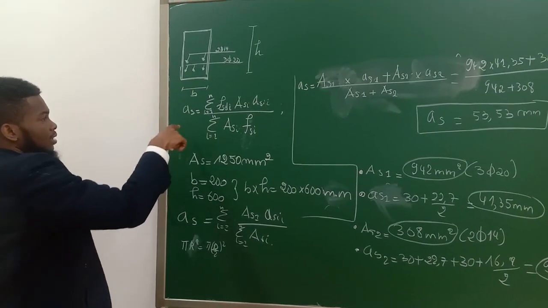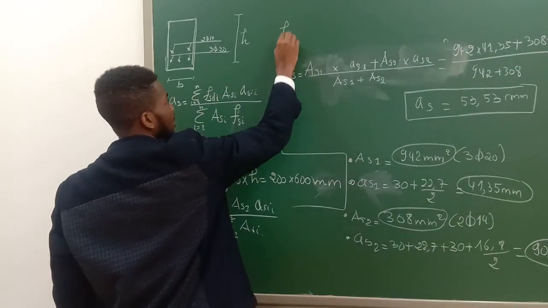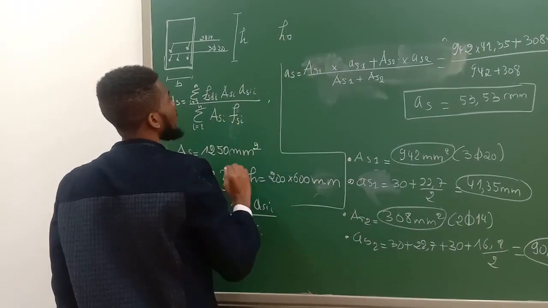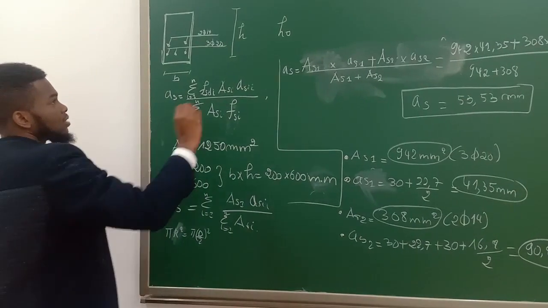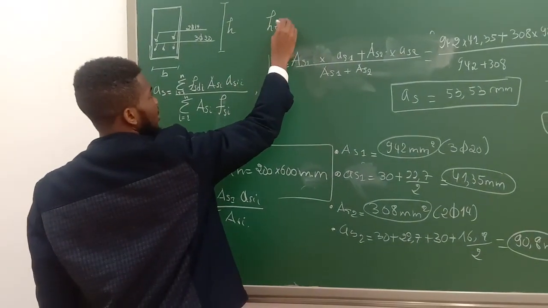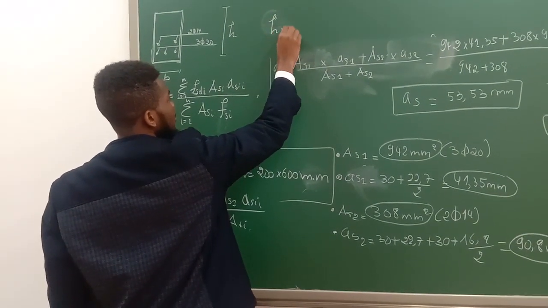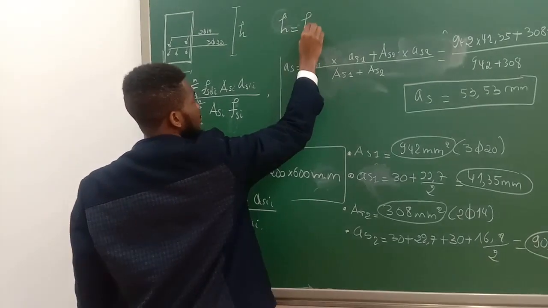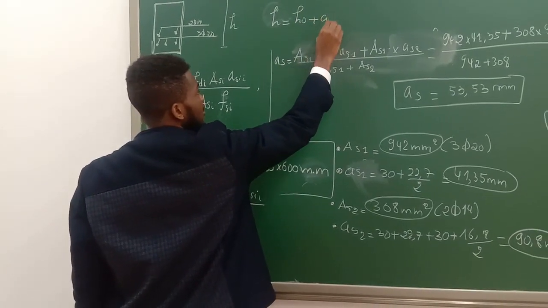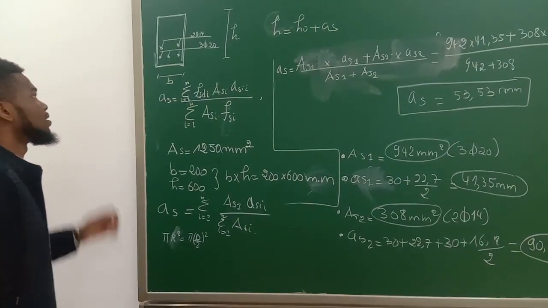H0 is what? H minus AS is H0. H0 plus AS.